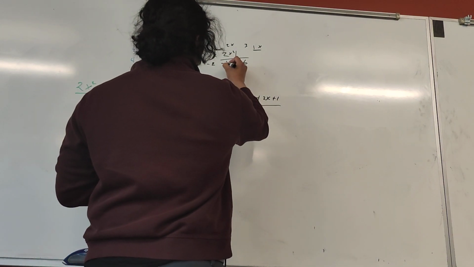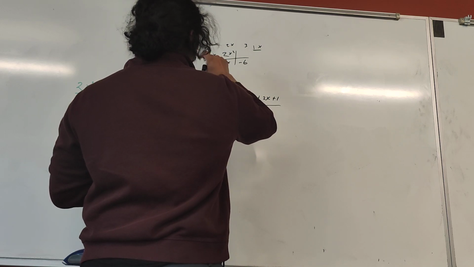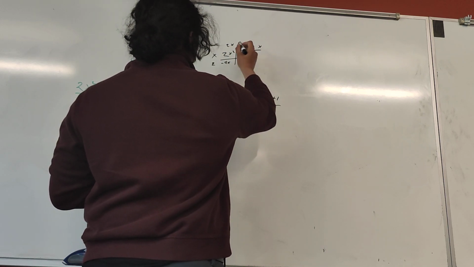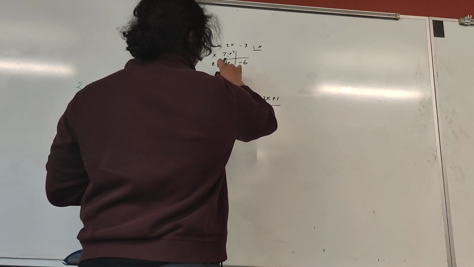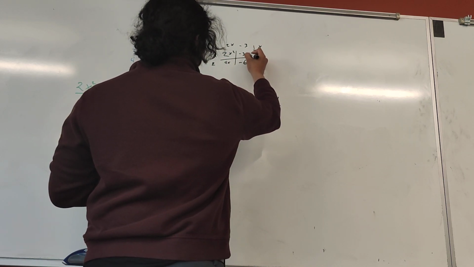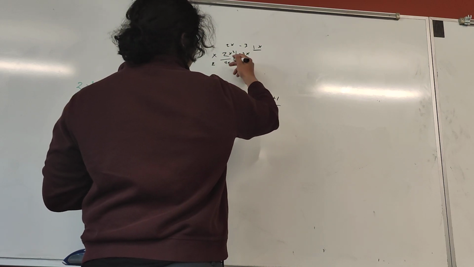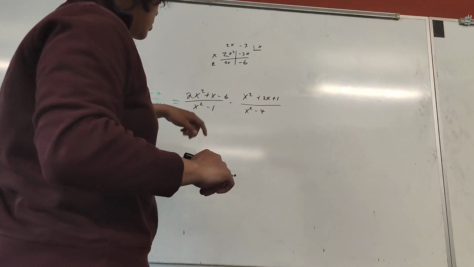So here we have negative 4x. I messed up. I wasn't right here. I forgot we had a 2 here. So here we can erase the negative. Here we're gonna have negative 3x. And when you do the math, you get x. So this is the factor out of this one.